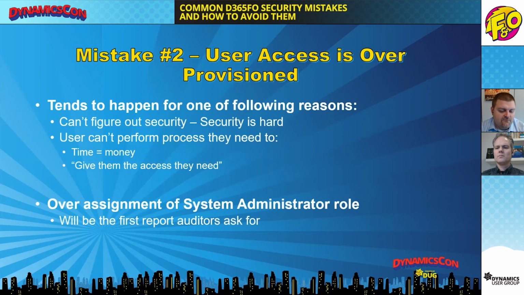So from an upper management perspective, if users are just waiting for access, they maybe don't really care about the incidental risks that may be introduced from that access being granted. They just want to get shipments out the door, or orders being processed, or whatever that process is.